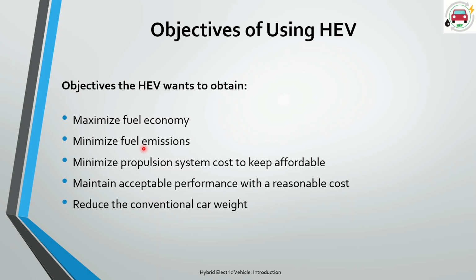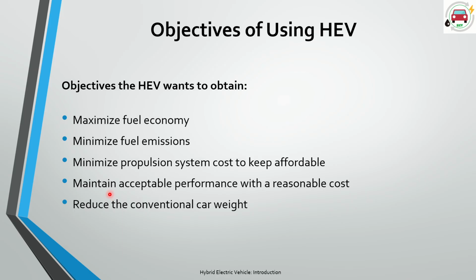And minimizing the propulsion system cost to keep it affordable, right? As soon as we maximize the fuel economy and minimize the emissions, obviously we are minimizing the propulsion system cost, and we are making it affordable for everyone.